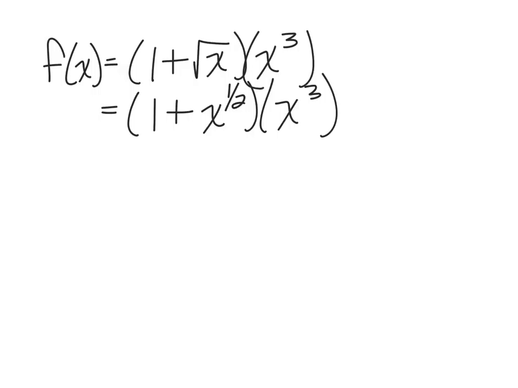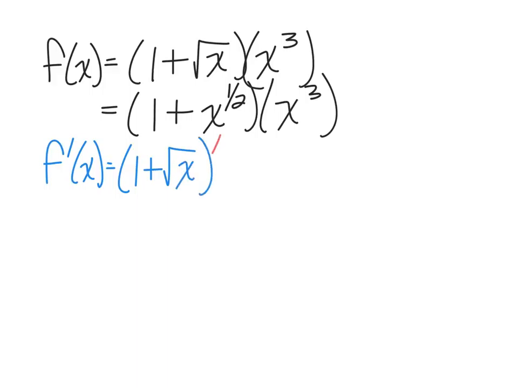Once we've done that, we know that we need to use the product rule in this particular case. So the derivative is going to be 1 plus square root of x. We'll take the derivative of that.